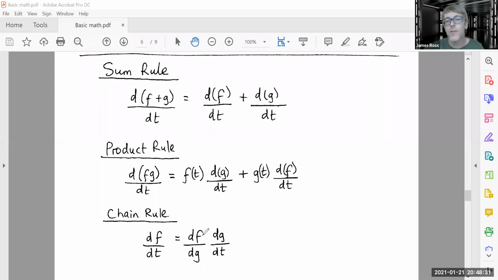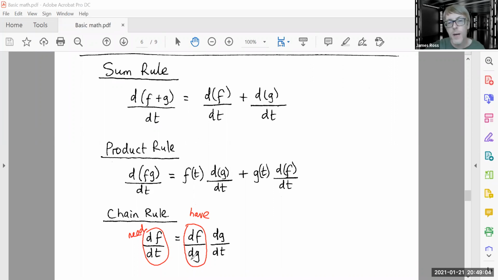You want the derivative of f with respect to g. Or, a better way: let's say you have df by dg, but you need df with respect to t. Whatever you have as a denominator, the dg, you can make a numerator and then divide it by the thing that you want.